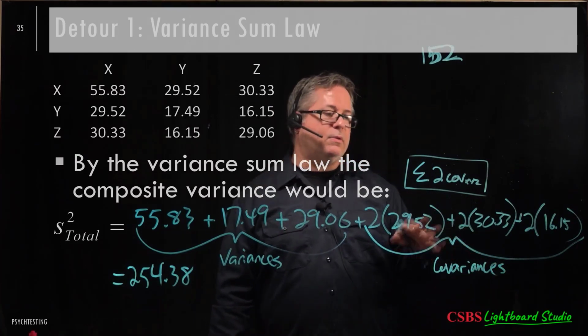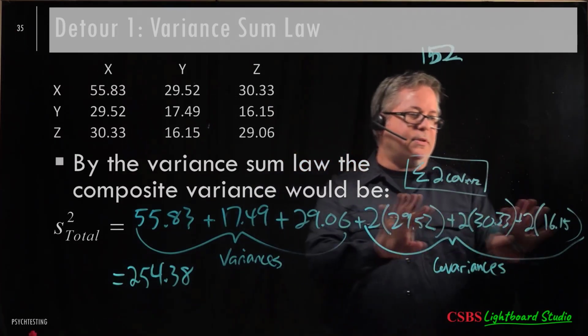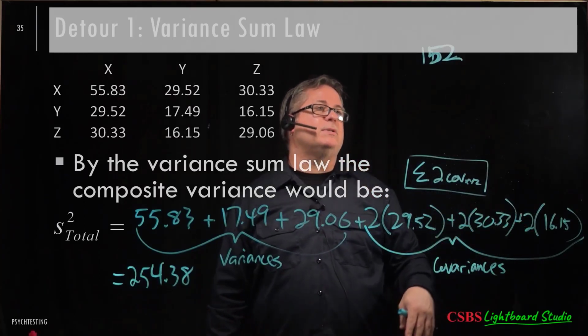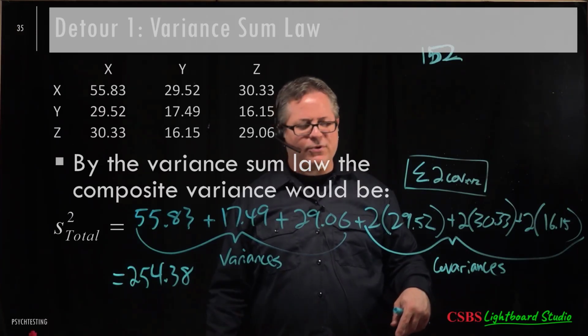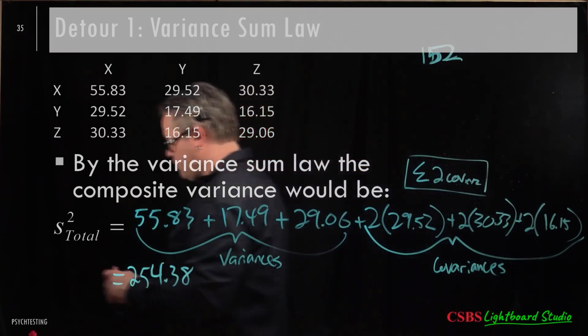That's what I meant: the sum of 2 times the covariances. So 152 is the sum of 2 times all the covariances, right? How could I use that? That would tell me something about the consistency of scoring on these 3 items.